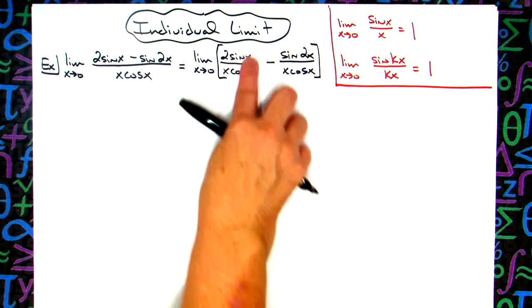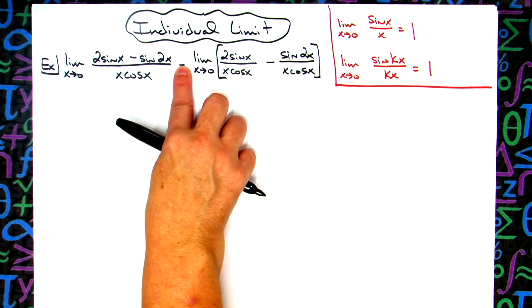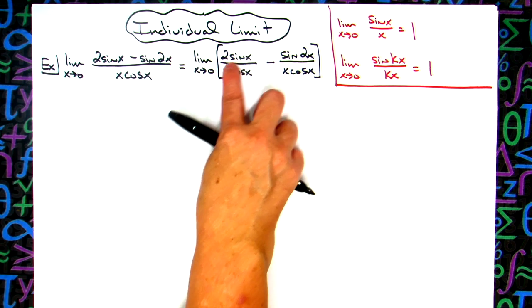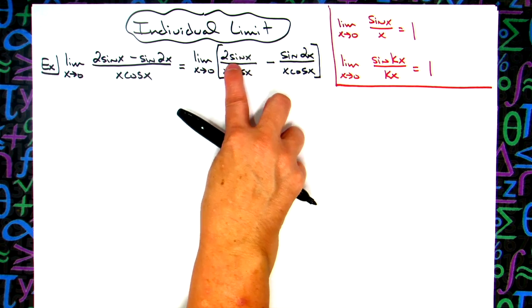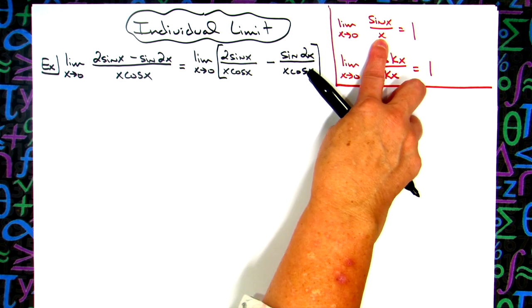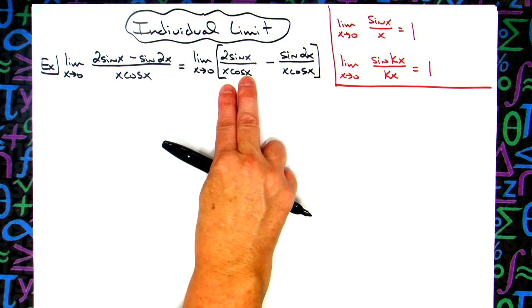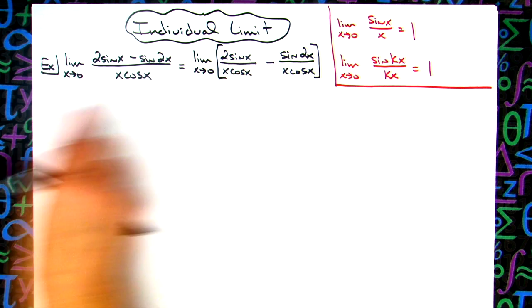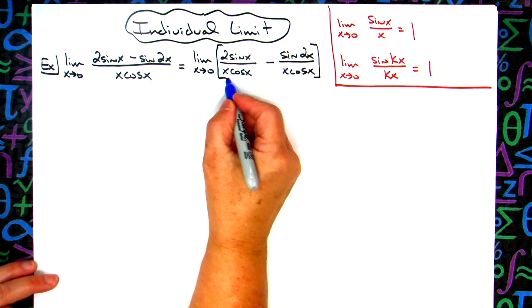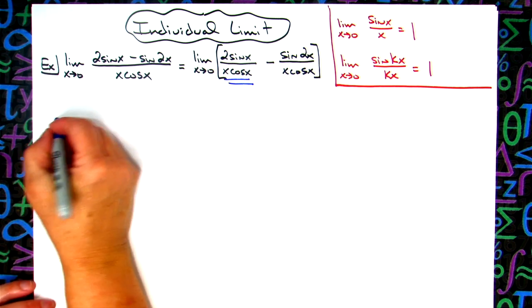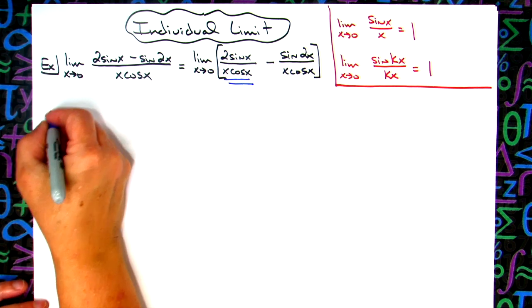In this quantity right here, I'm going to pull that 2 out in front because it's a constant. And then I'm going to manipulate this fraction. I see a sine x over x, which is what I have right here. So I'm going to take this rational expression and make it two fractions that are being multiplied together. Let's do that in blue so we can keep track of our work. So I'm pulling the 2 out in front.